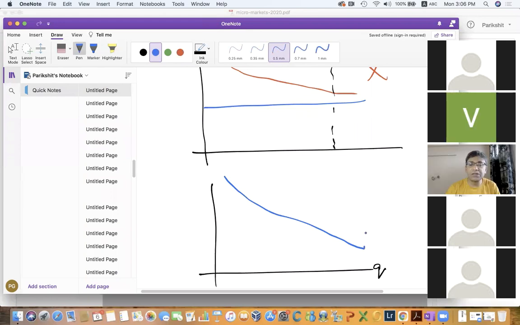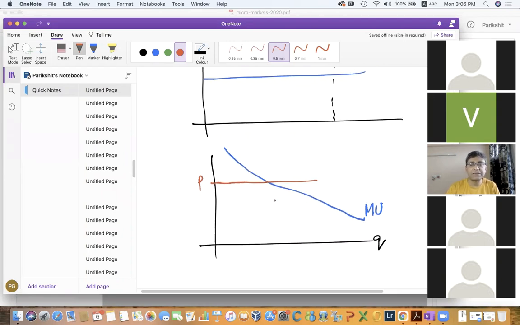So this is the marginal utility curve, right? Let's start with that. We know the optimizing principle says that for any price, take any price given by the market, say this price, the optimal choice comes from the rule: price and marginal utility are the same. So at this price P, the optimum choice is QP given by this point of intersection. Now, this is true for every possible P that you might think of, right?